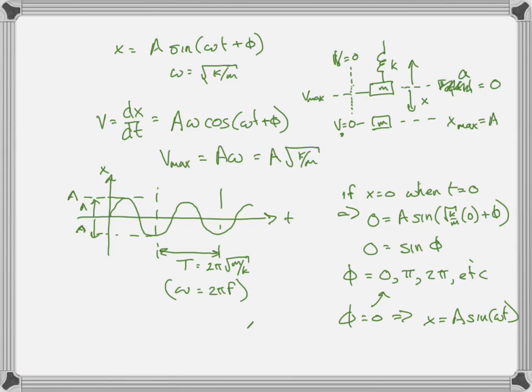And notice the phase factor really just tells us where we start. If I had said we start the stopwatch where x is a max when t equals 0, then instead the x-axis would be through this point here. That would shift the curve back by a phase, by a quarter of a wavelength.